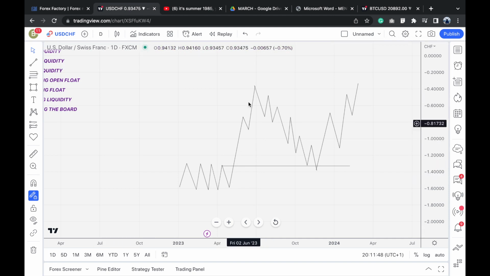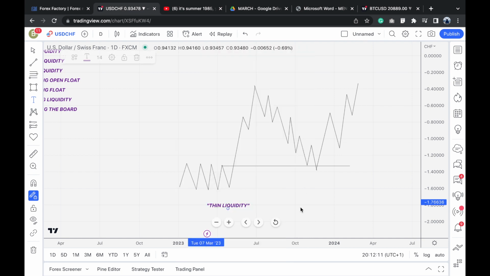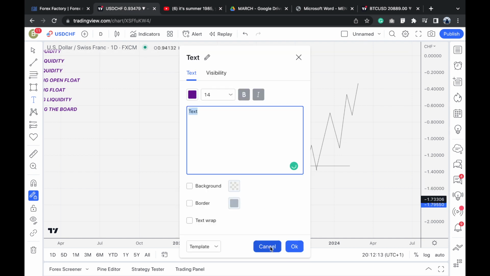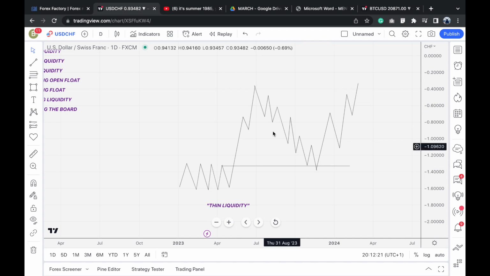And this initial run higher, that is what we call voids of liquidity, because the delivery higher was highly inefficient. So we have what we call thin liquidity in the run higher. Okay, so that is a highly inefficient price delivery mechanism, and the algo will seek to re-deliver into all those areas of price action for efficiency fill.